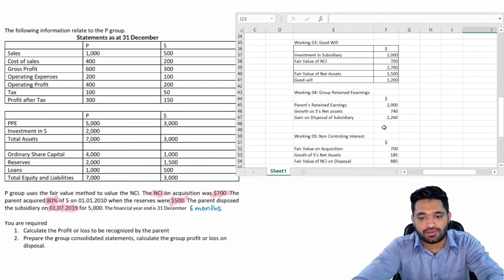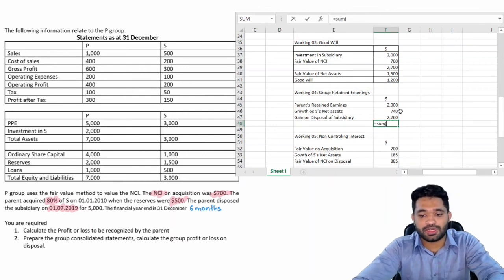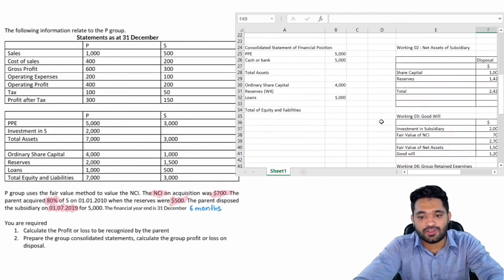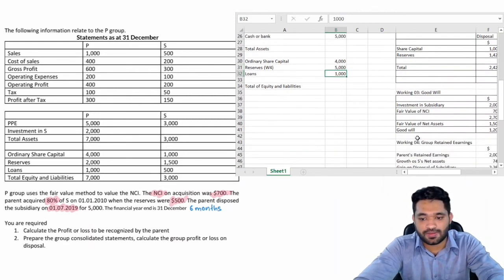So we have completed up to working number 3. So working number 4, let's finish it up. So your group retained earnings would add up to 5,000. So from working number 4, you are getting your group retained earnings, which is 5,000.